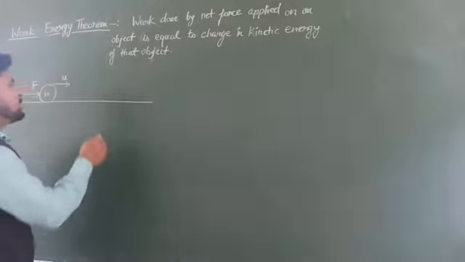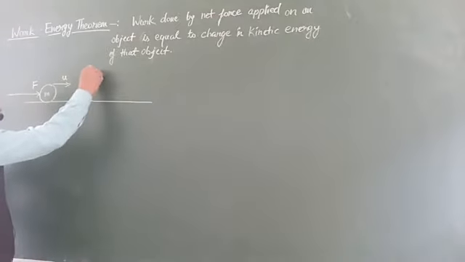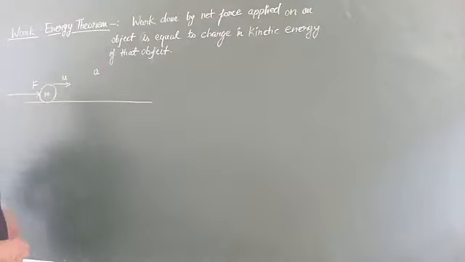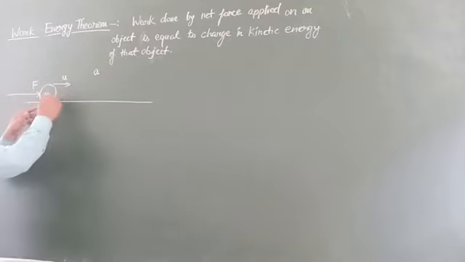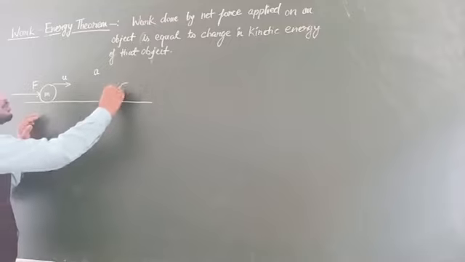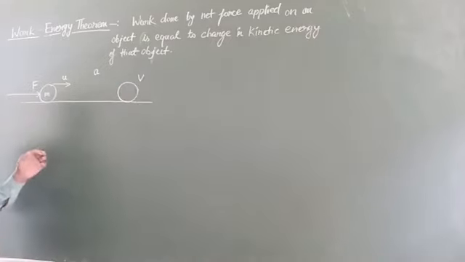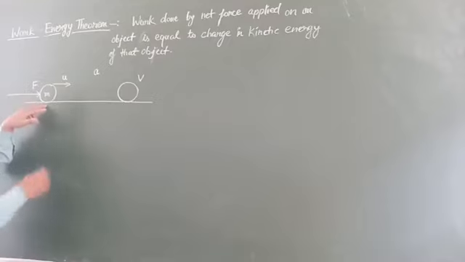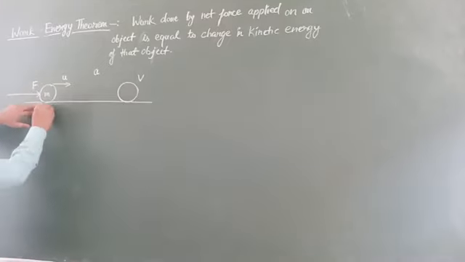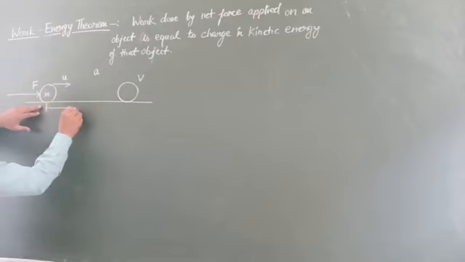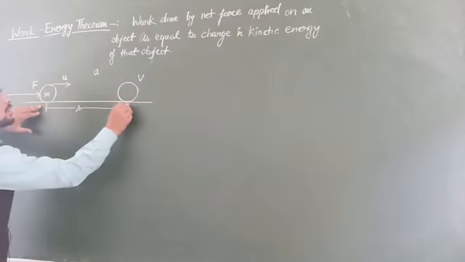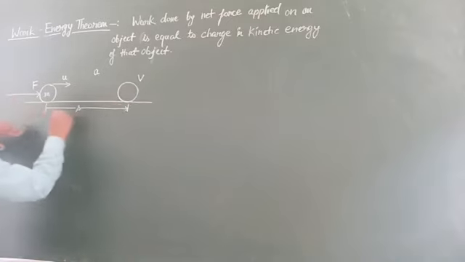Let us say the acceleration produced in the object be a. Due to this acceleration, the velocity of the object is changed to say v. Okay, and in this journey it is displaced by a distance s. Okay, friends.